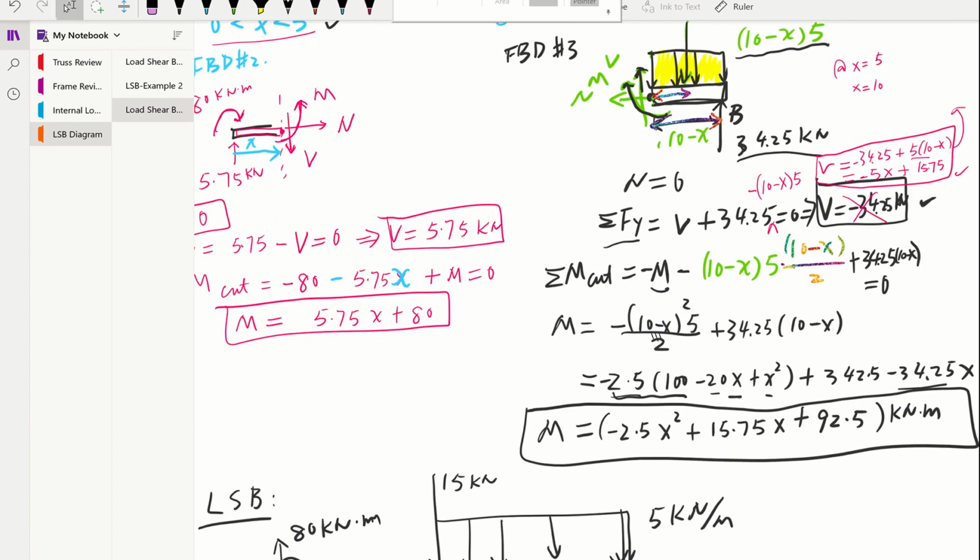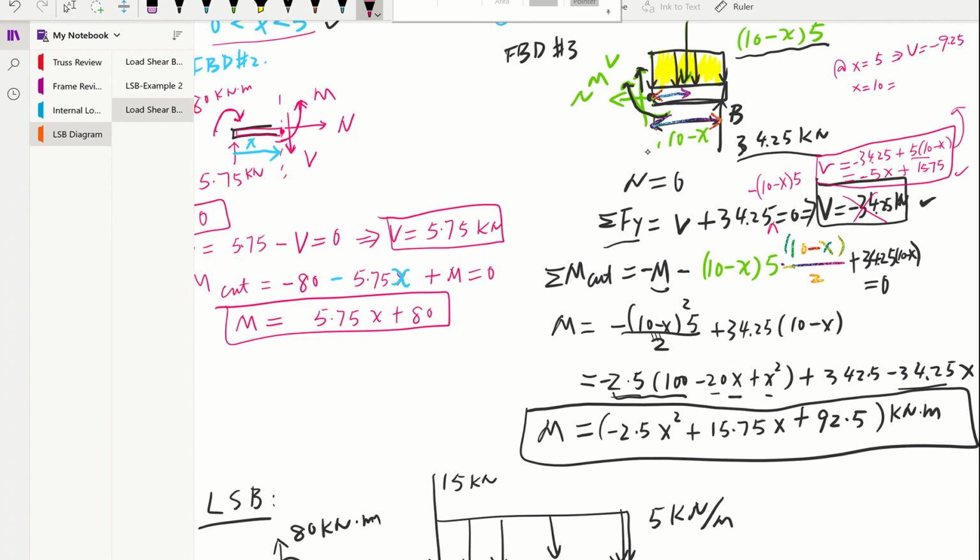So when you put x equal to 5, our V, 5 times 5, negative 25, then plus 15.75. What do we get? So you will get negative 9.25.